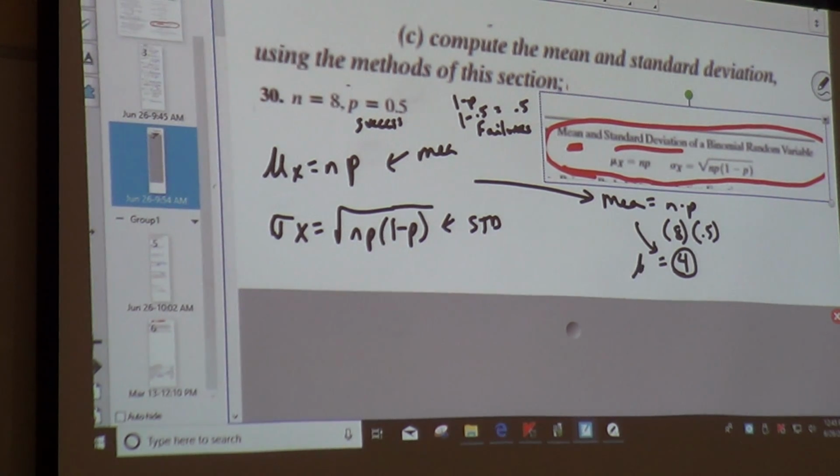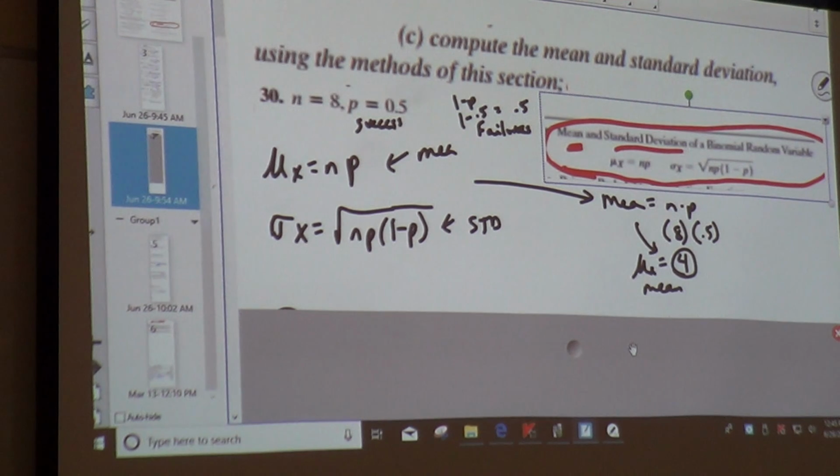We good with that one? Now for my standard deviation, it's going to be the square root of n times p times 1 minus p. Well, n we said was 8, p we said was 0.5, and 1 minus p is 1 minus 0.5, which is 0.5.